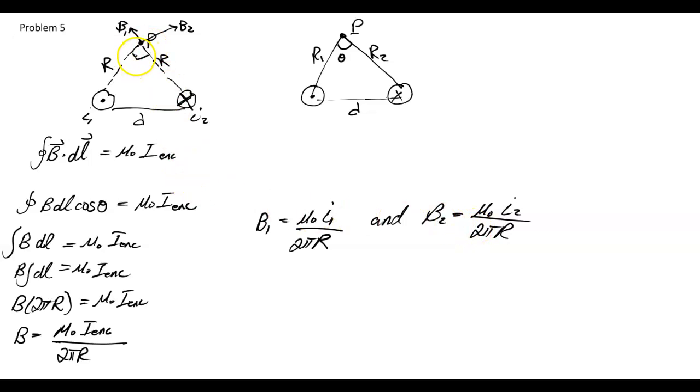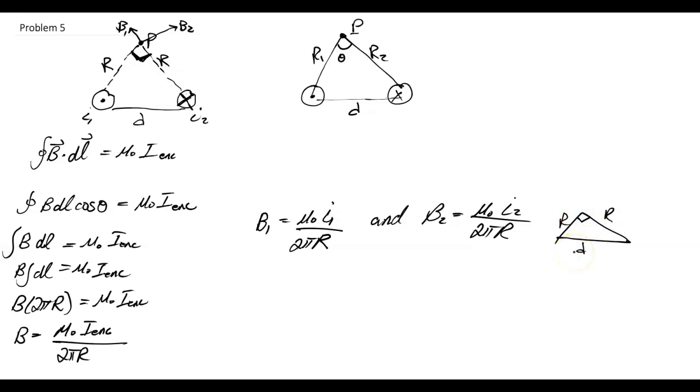If we notice that this is a perpendicular angle, or 90 degrees, then this is the point P, and the first wire and the second wire will give us R, R, d, a right triangle.